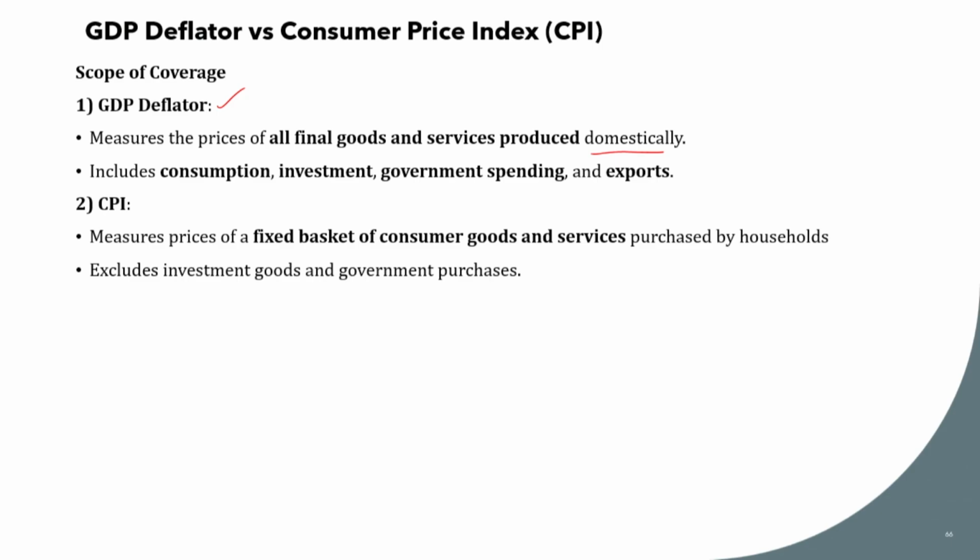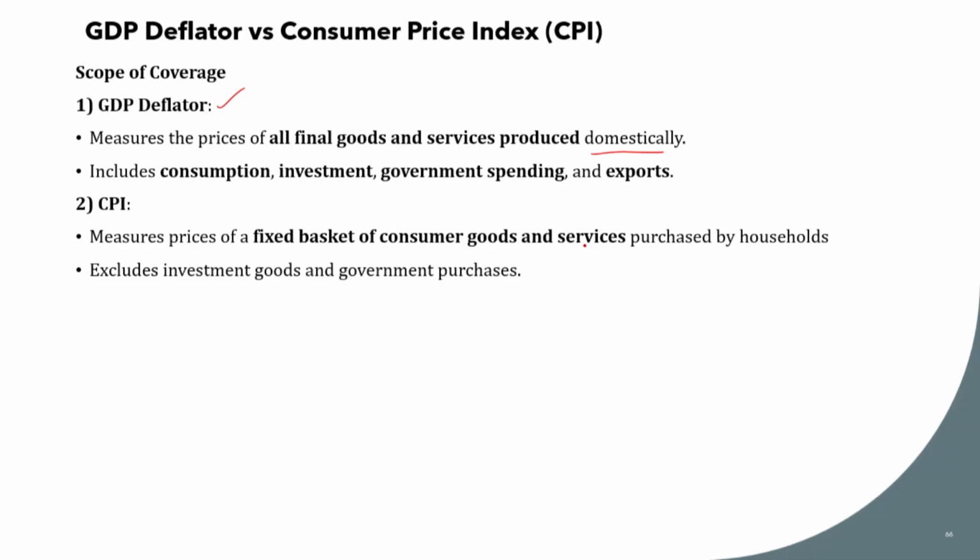And CPI measures the prices of a fixed basket of consumer goods and services purchased by households. However, it excludes investment goods and government purchases. That means it excludes the purchases made by producers and government.